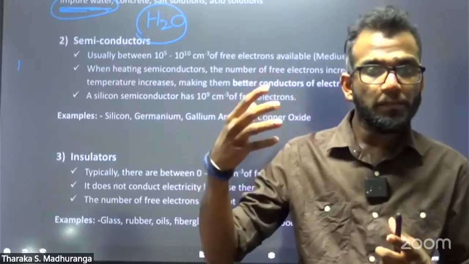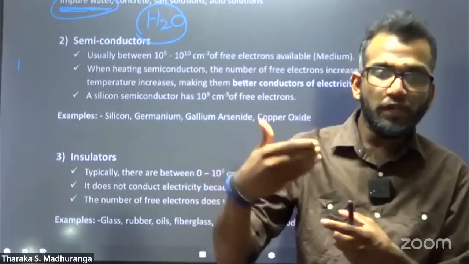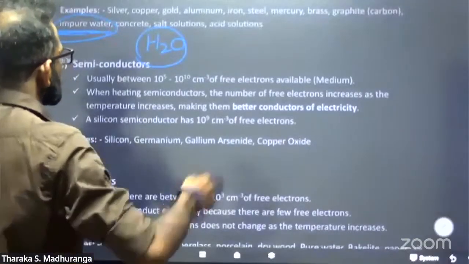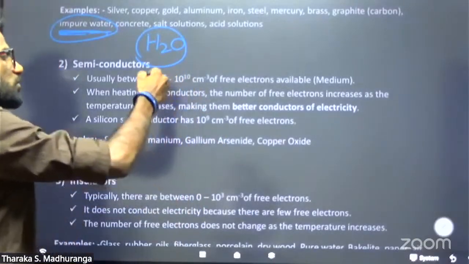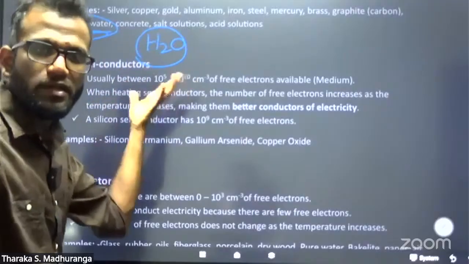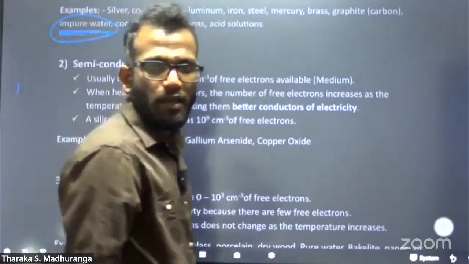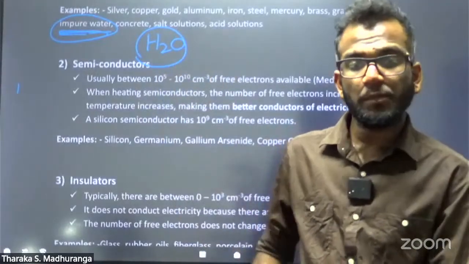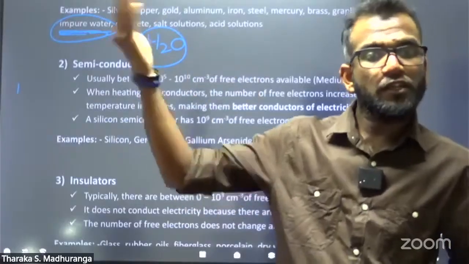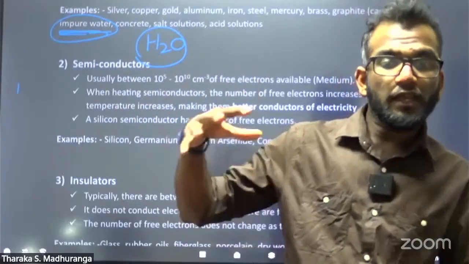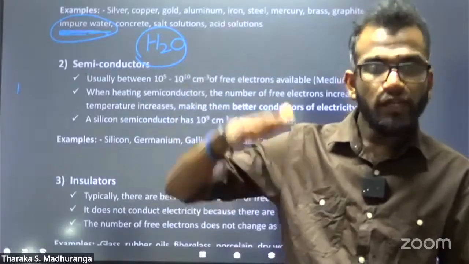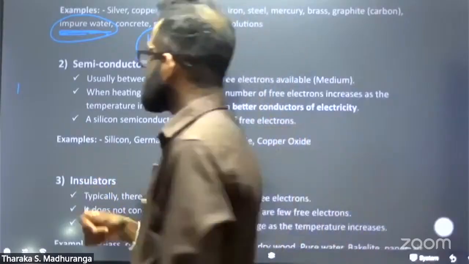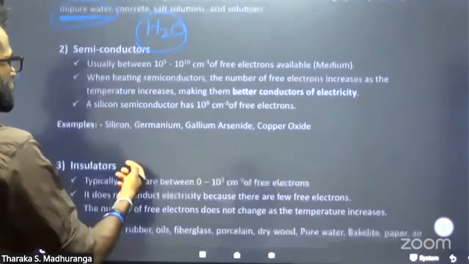With higher vibrations, the number of free electrons increases. Normally, pure semiconductors have only about 10 to the power 5 to 10 to the power 10 free electrons, but with temperature increase, we can raise that up to the 10 to the power 13 to 14 level. Then the conductivity increases and the resistance decreases as the temperature of semiconductors increases.